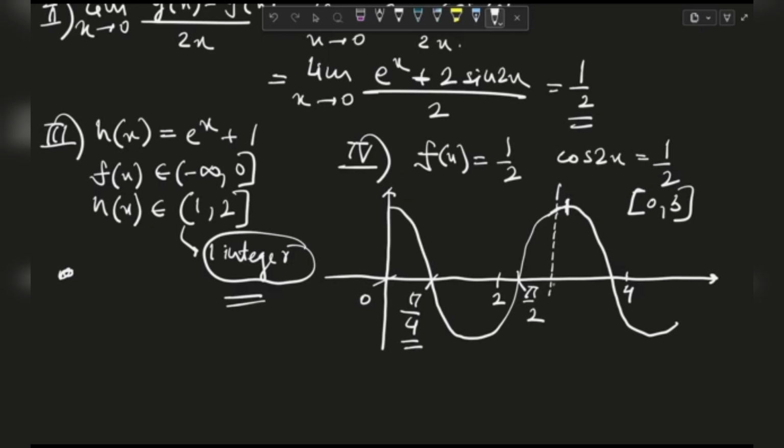But somewhere along here. This is the graph, and now f x equal to half. So this comes like this. As you can see, here is one solution, here is two solutions. So this will have two solutions. And this is your curve of cos 2x.